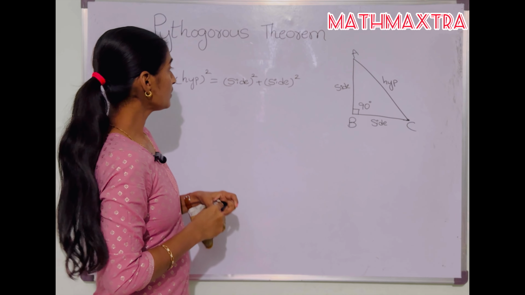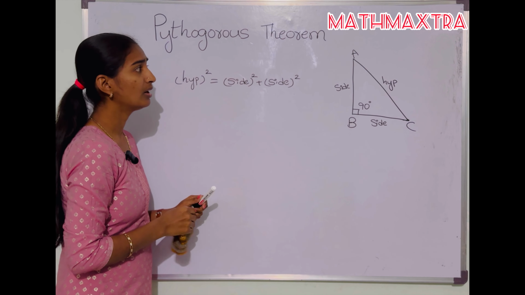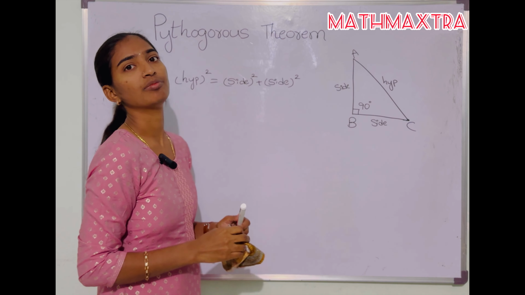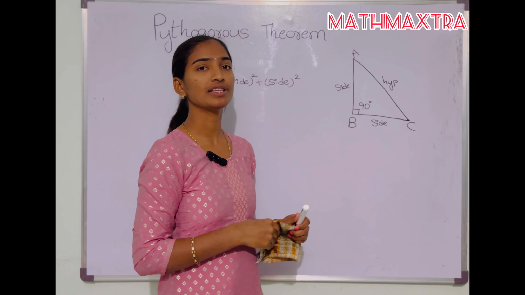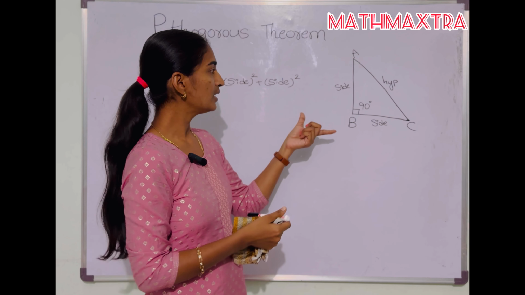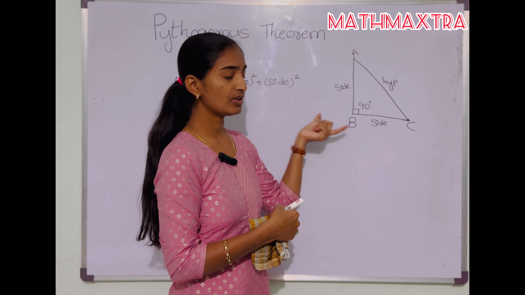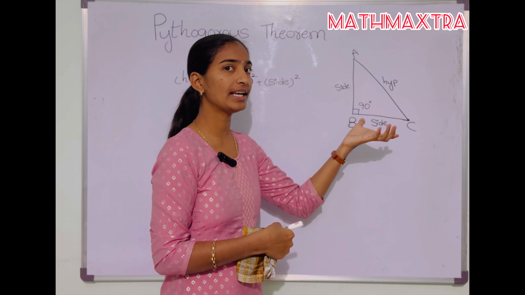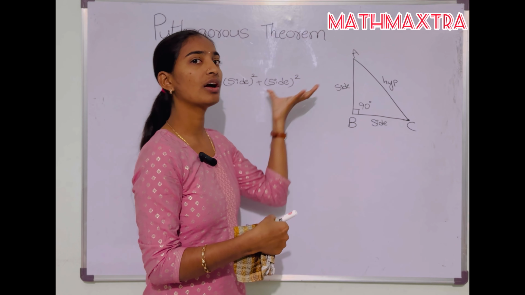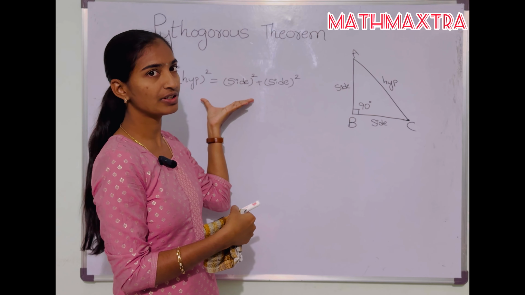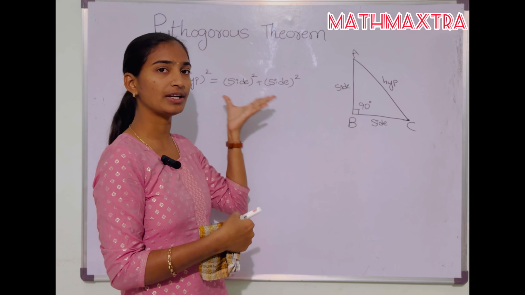Now the converse of Pythagoras theorem. What is the converse? First we considered a right angle triangle itself, then we concluded that the hypotenuse square is equal to side 1 square plus side 2 square.